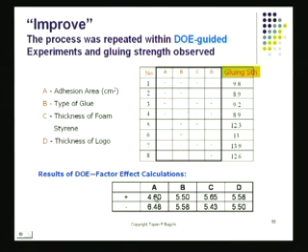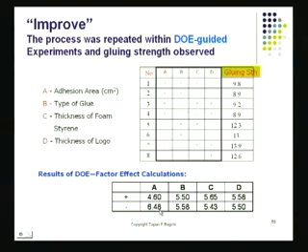Notice here, the first one, area: plus was low area. It showed lower force required to move that logo off the back of the car. When area was increased, it required a higher level of force to move it off the back of the car. This is what we would expect.